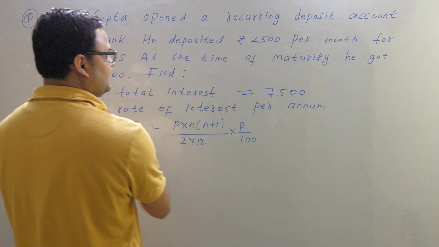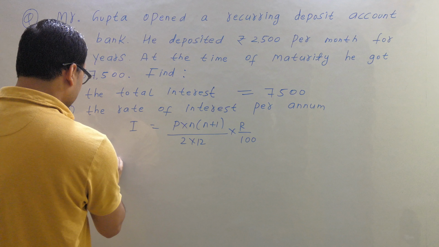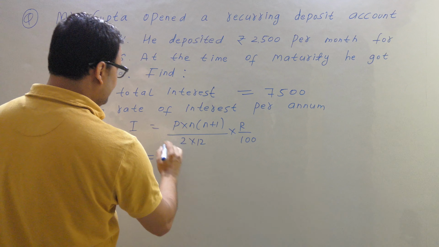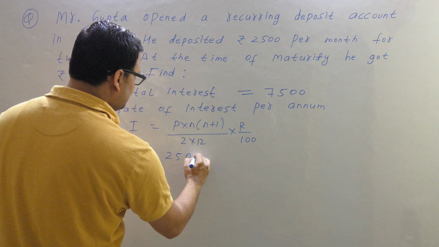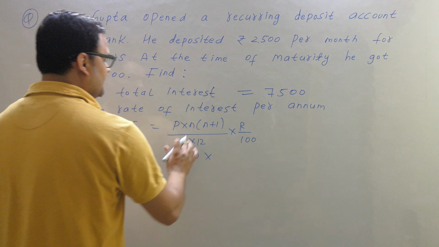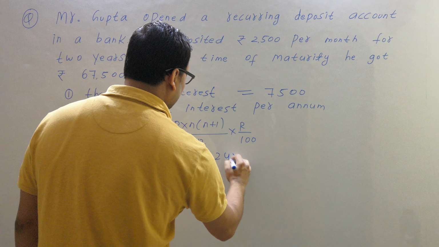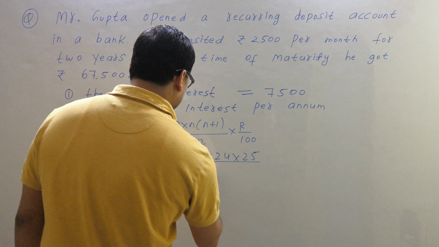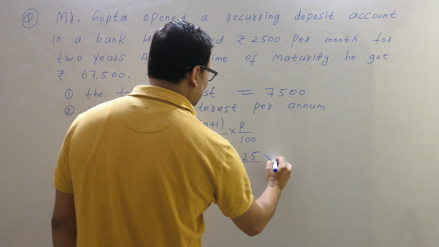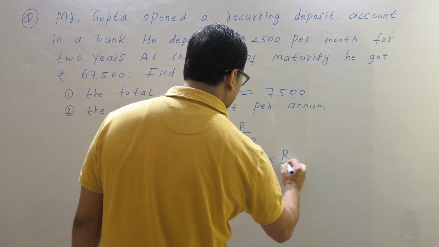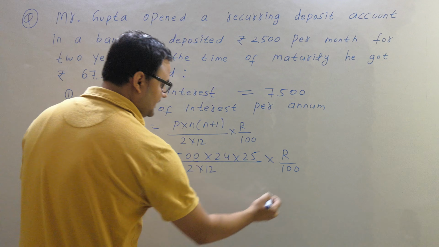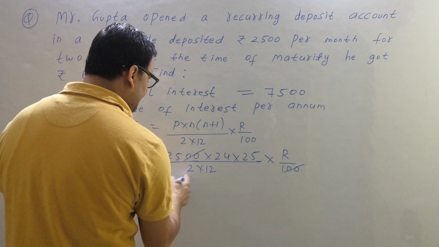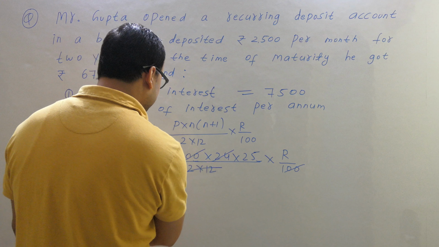Now I got I, 7,500, equals P, which was 2500, into N, 24, into N plus 1, that was 25, by 2 into 12 into rate, that we have to find, by 100. 100 got cancelled, 12 into 2, 24 got cancelled.